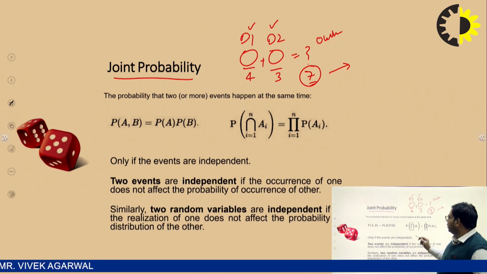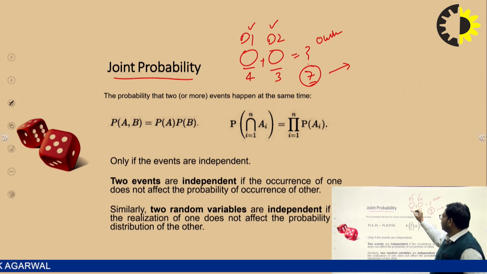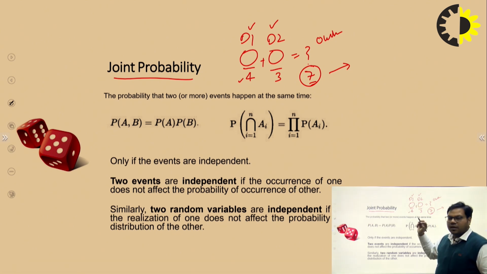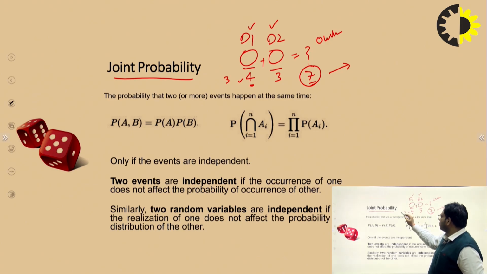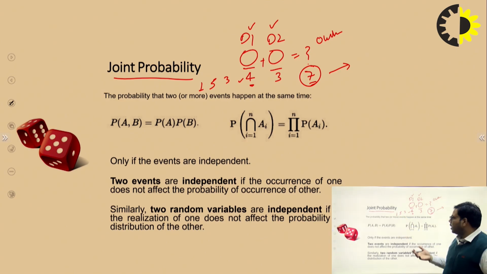If you see, there is no dependency on what the outcome of this is. If its outcome is 4 and its outcome is 3, or its outcome is 5, or its outcome is 1, nothing is going to happen, or nothing is going to be dependent on this dice calculation. I believe you got it. It is a typical joint probability.